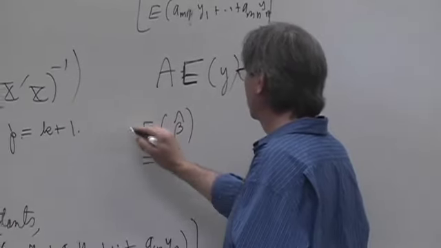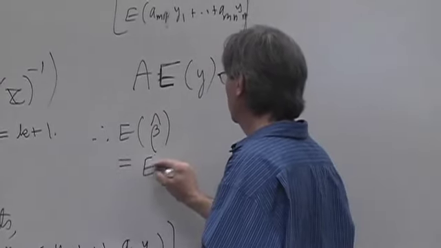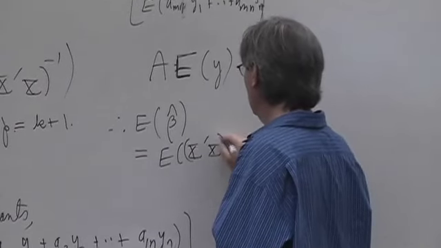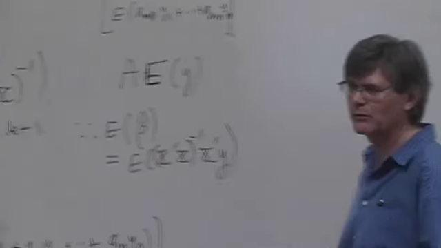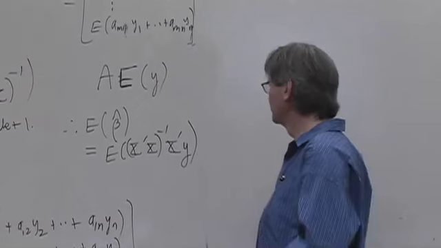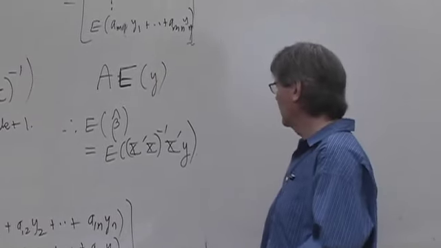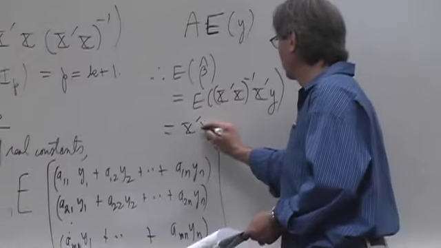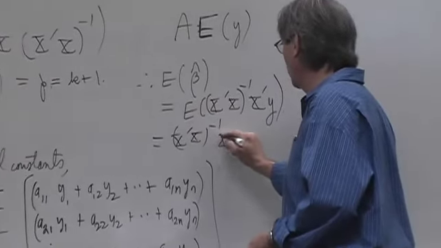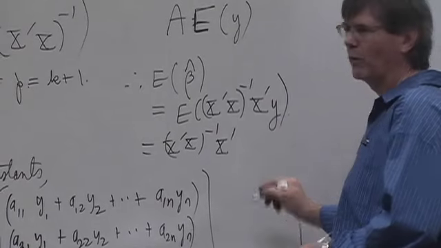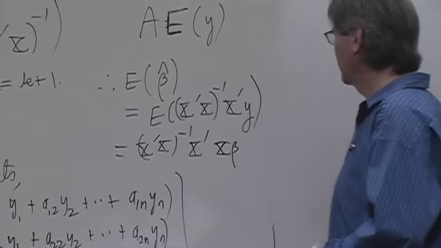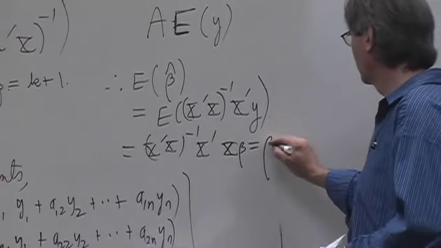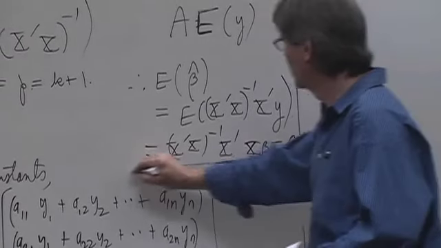Therefore, it equals the expectation of (X prime X) inverse X prime Y. So now the A is (X prime X) inverse X prime. So that becomes (X prime X) inverse X prime times the expected value of Y, which is X beta. So then you simply get beta. And that's beta in each component.